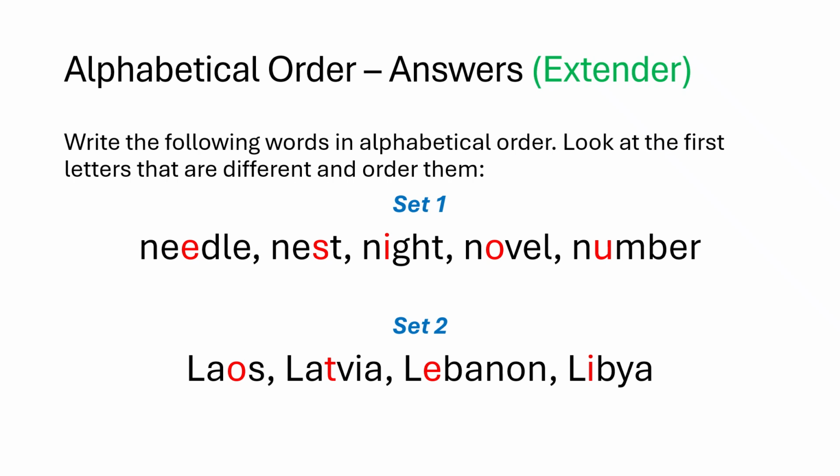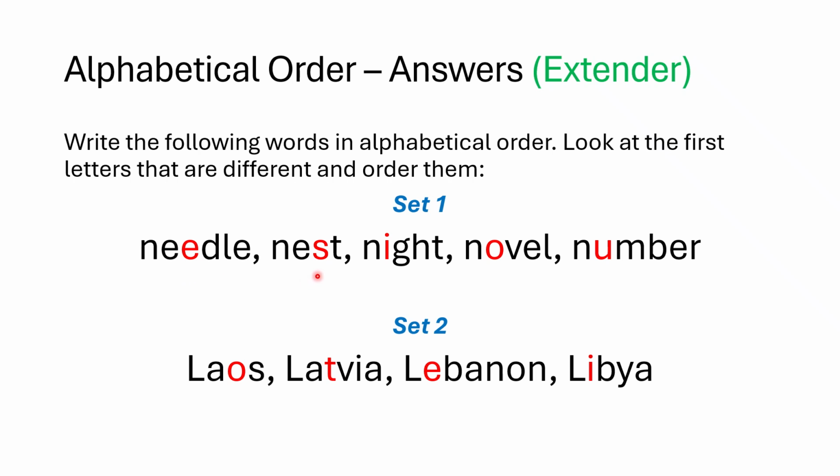Check your answers. These words are in alphabetical order by looking at the subsequent letters that are different. Needle and nest both start with NE. Their third letters are different.